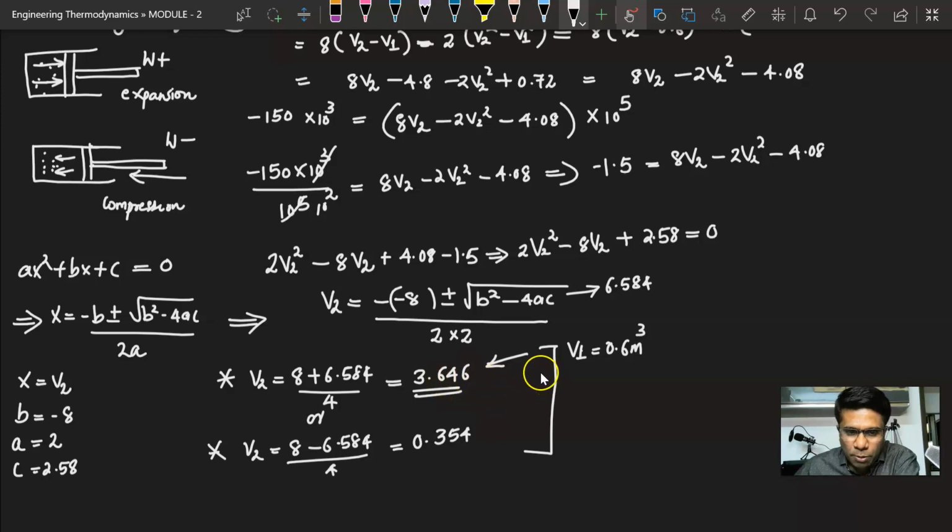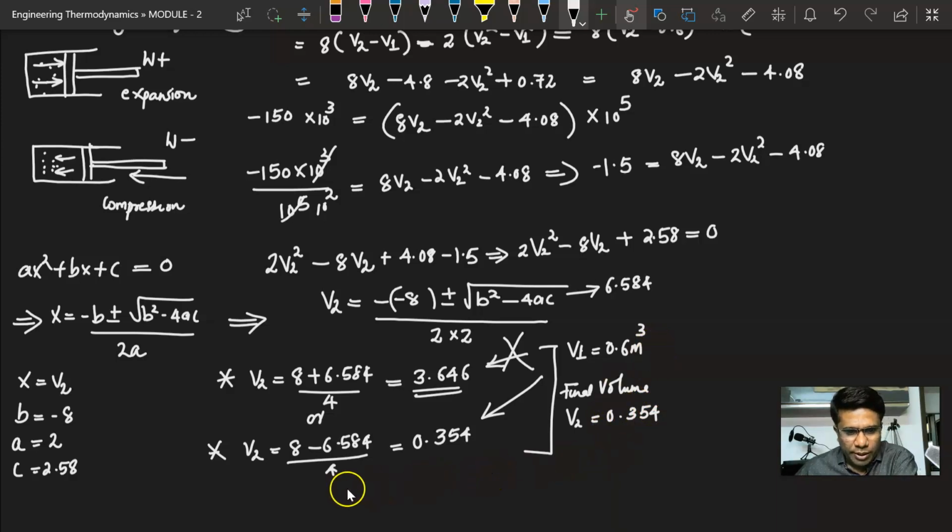Therefore, this possibility is not there. The only possibility is that the volume can become 0.354. This is very clear. Whenever you solve a problem like this, just look at what is happening, whether V1 or V2 can increase or decrease, and based on that you will get the final answer. And here we are sure that the final volume, which is V2, is equal to 0.354.